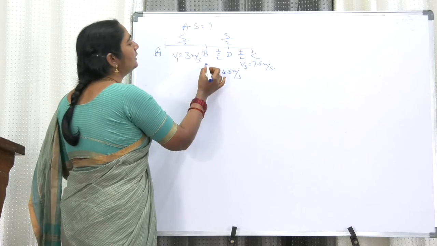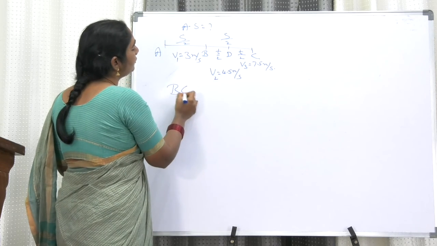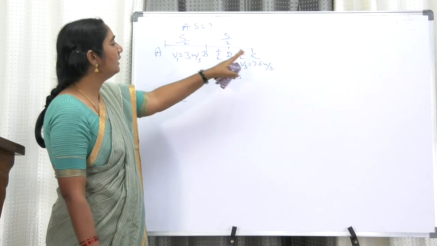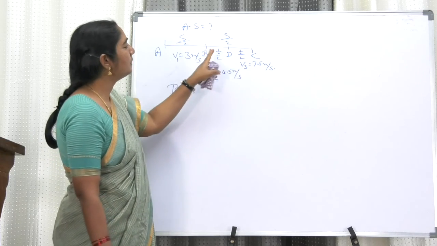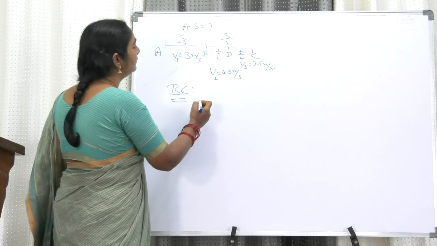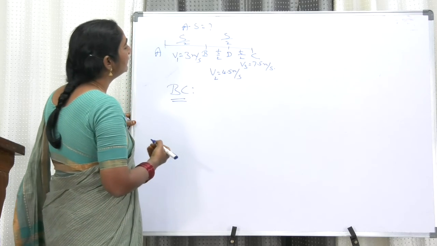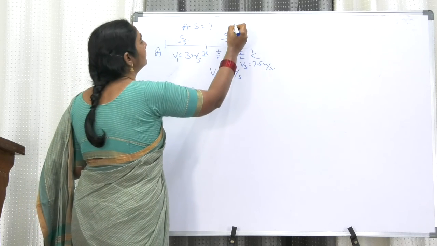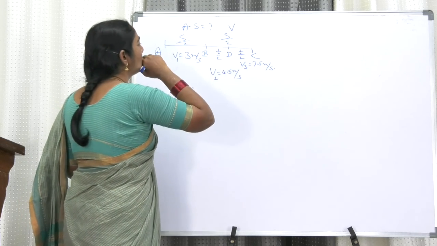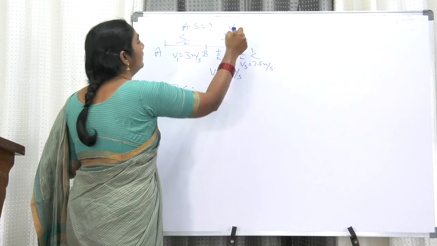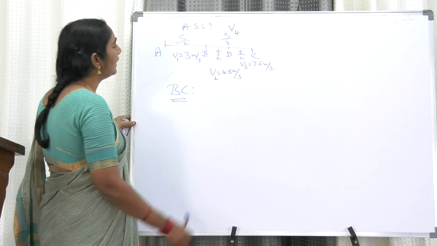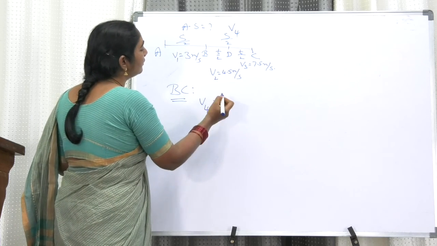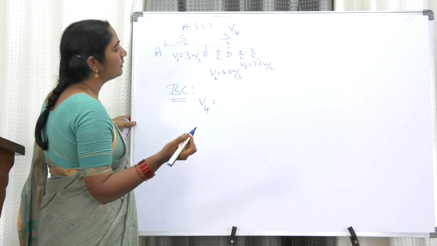So now let us take the case from B to C. Let us find the average velocity in this particular case. Let us give a name, V4. The average velocity from B to C. Now V4 is equal to V1 plus V2 by 2.